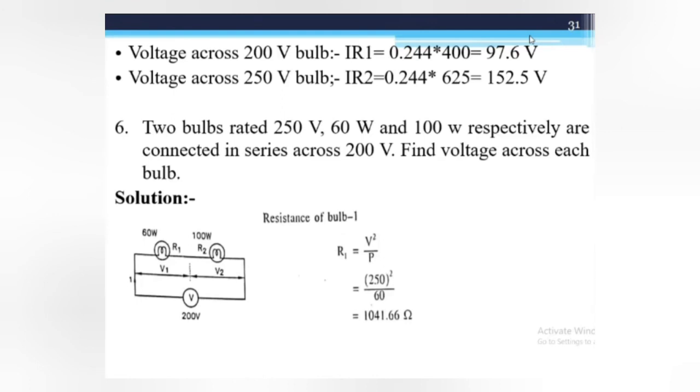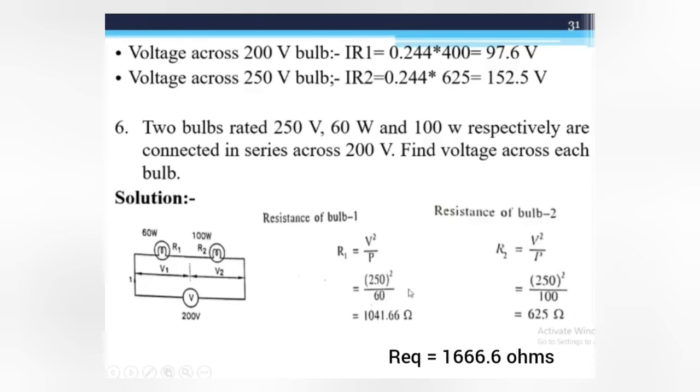Similarly, R2 equal to V square by P. Now P is 100 watt and V is 250, so we get R2 equal to 625 ohm. The two resistors are connected in series, so the equivalent resistance is R equal to R1 plus R2. After that, the voltage is given, it is 200 volt.